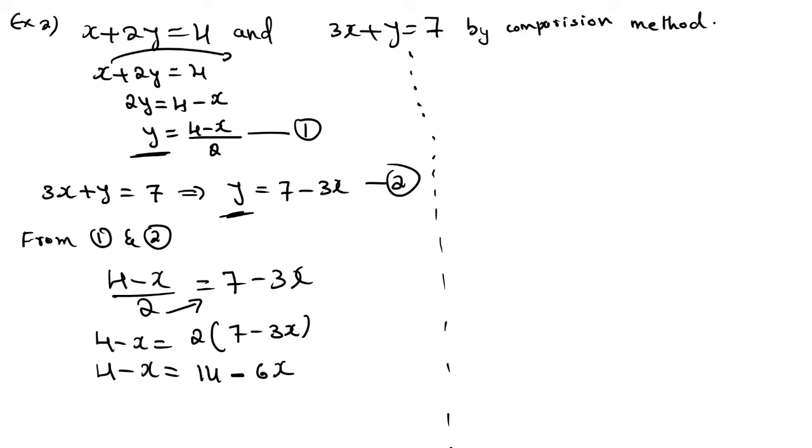Here see, minus 6x is there. Take minus 6x to LHS, that will become plus 6x minus x equal to 14. Take this plus 4 to RHS, that will become minus 4. Okay, again here we'll get, see, 5x, right? 5x is equal to 14 minus 4 is 10.